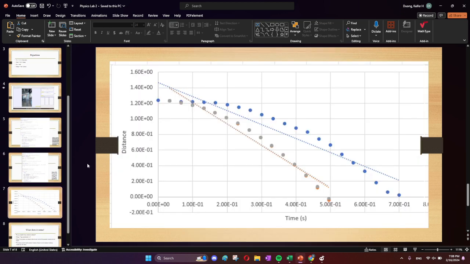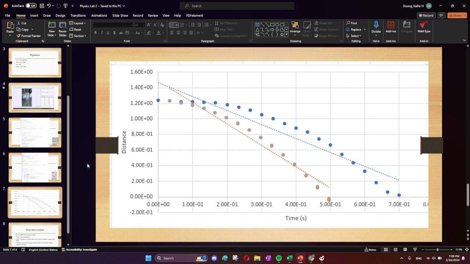I put all of this data into a graph with the blue as the original data, which is the tracker, orange as the calculated with gravity only, and then the gray is the calculated with drag.